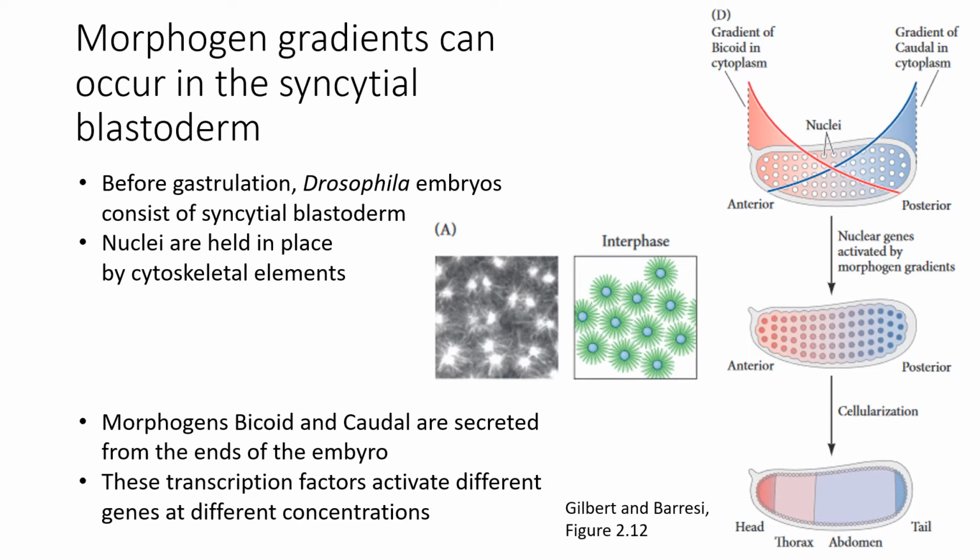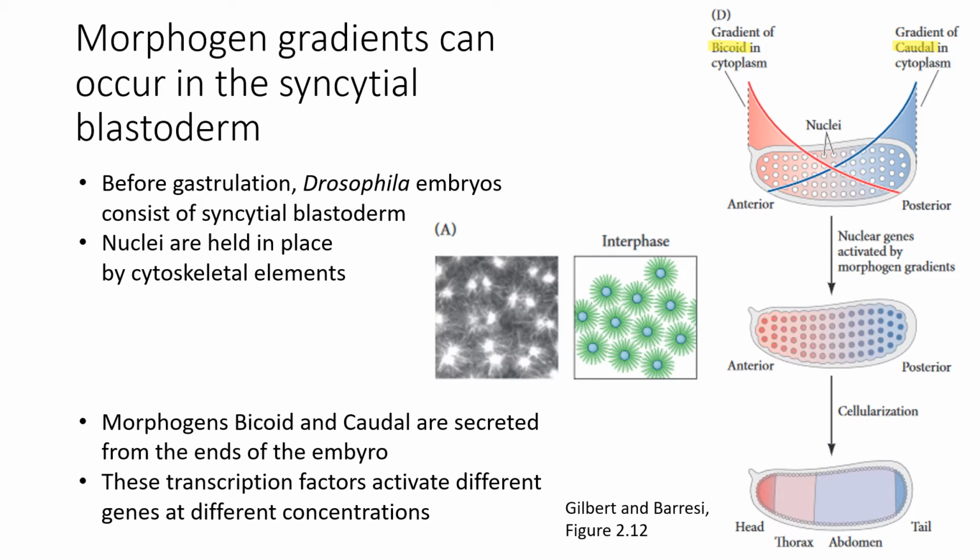So figure D shows gradients of two morphogen proteins, bicoid and caudal, which we will take a look at in a moment. It shows how the location of the sources of these proteins contributes to the differentiation of these nuclei, which creates an anterior to posterior axis.